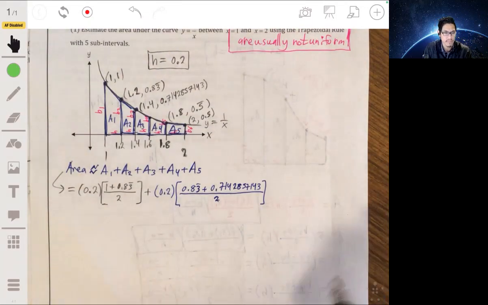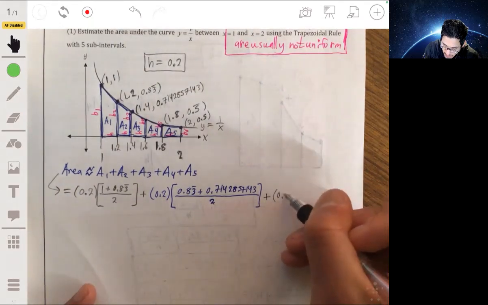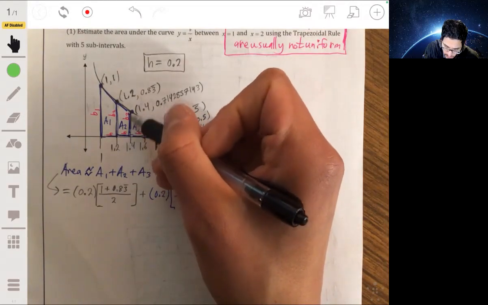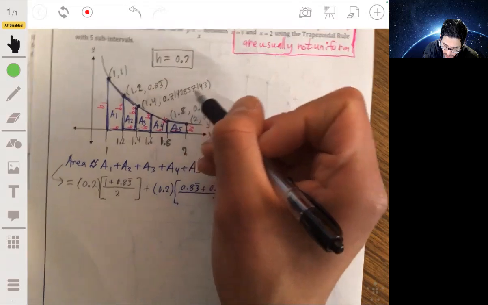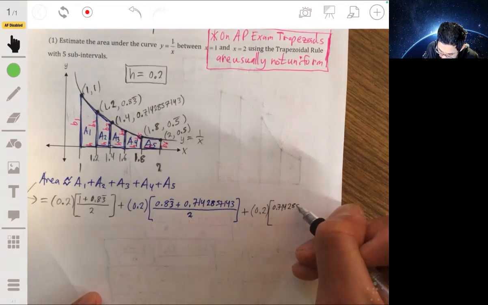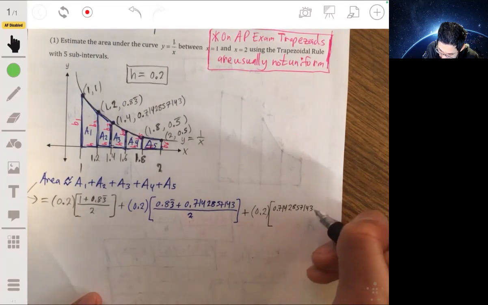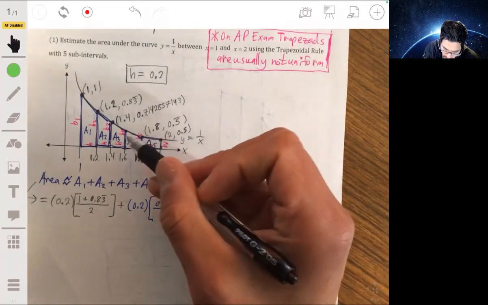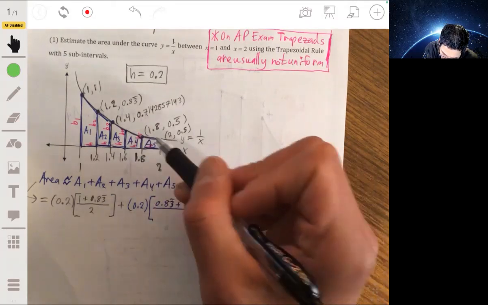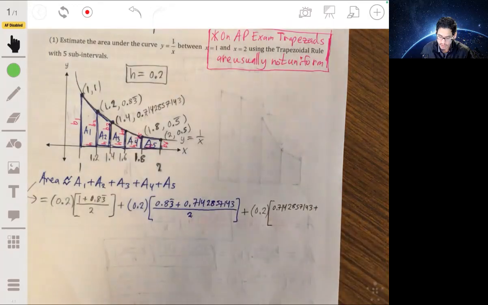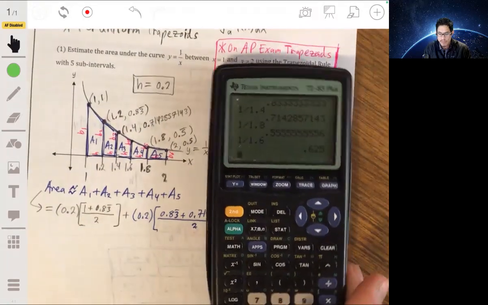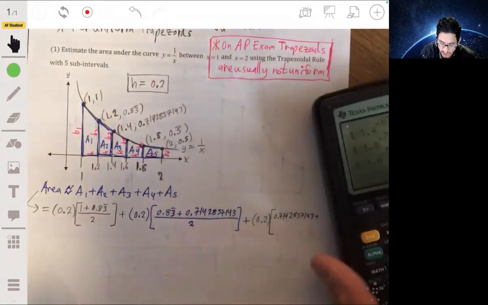All right, now A3. The height is still 0.2. A3 will be B3 plus B4. B3 will be this number again, 0.714285714. B4 will be... wait, did I skip it? I skipped a point, so let's fill it in.